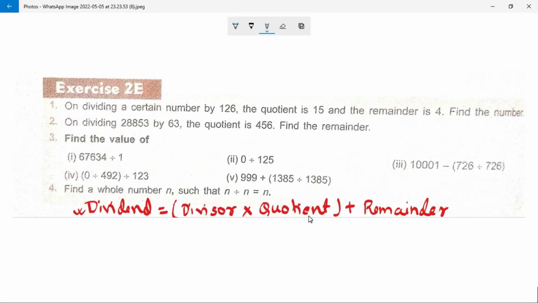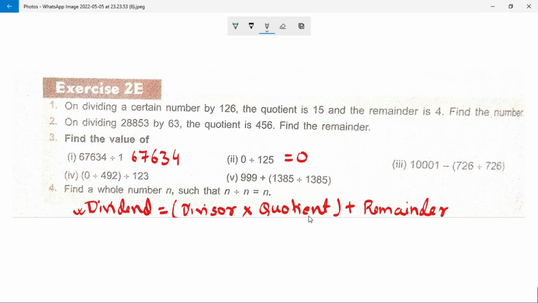Now let us move to question number 3. So any number divided by 1 will be the same number. 0 divided by any number will be 0. Now first we will solve the bracket. So 726 divided by 726 will be 1.